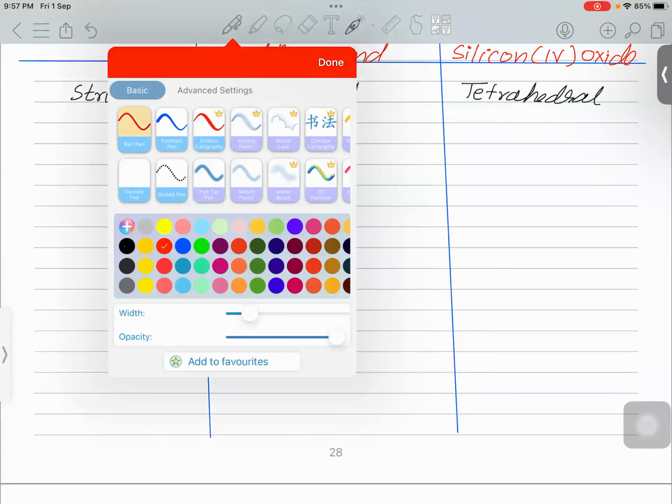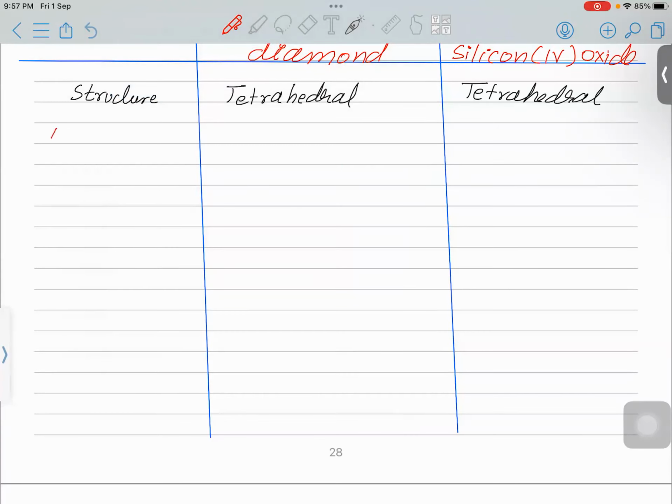Point number 2. Number of bonded carbon.